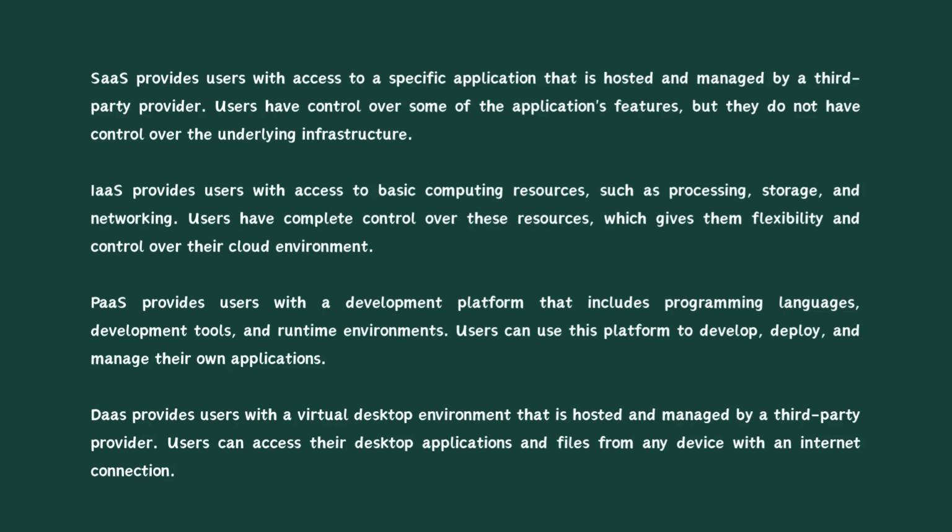PaaS provides users with a development platform that includes programming languages, development tools, and runtime environments. Users can use this platform to develop, deploy, and manage their own applications. DaaS provides users with a virtual desktop environment that is hosted and managed by a third-party provider. Users can access their desktop applications and files from any device with an internet connection.